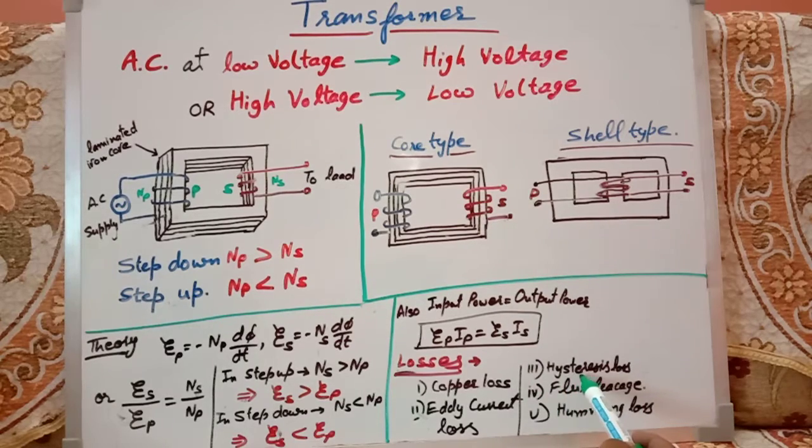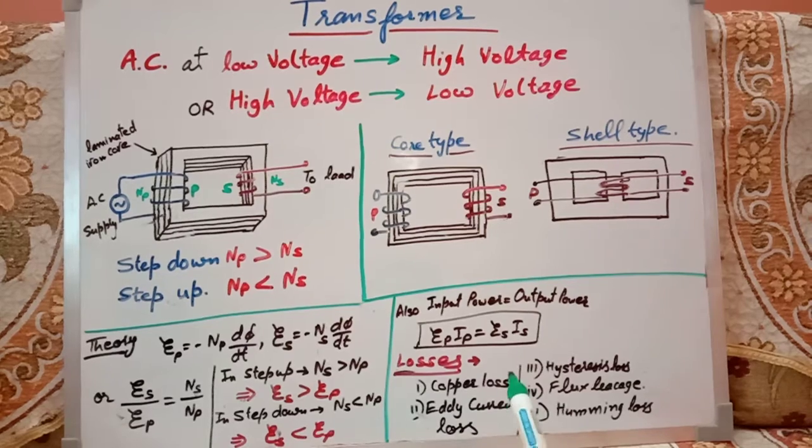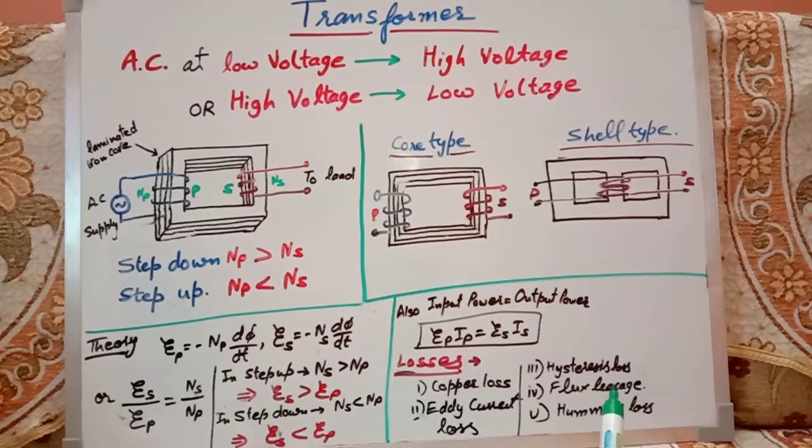And the fourth loss is flux leakage. Magnetic flux produced by the primary may not fully pass through the secondary. Some flux leaks during the whole process. Okay, and this can be minimized by winding the primary and secondary coils over one another like this.